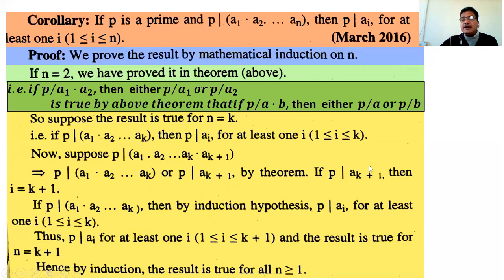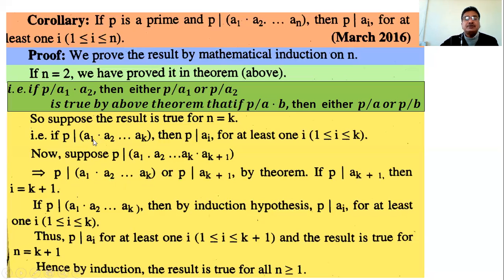And if p divides ak plus 1, then what happens? Then i is equal to k plus 1. Suppose p does not divide ak plus 1, and p divides a1 into a2 into ak.